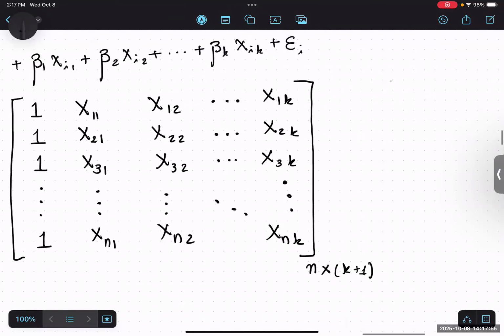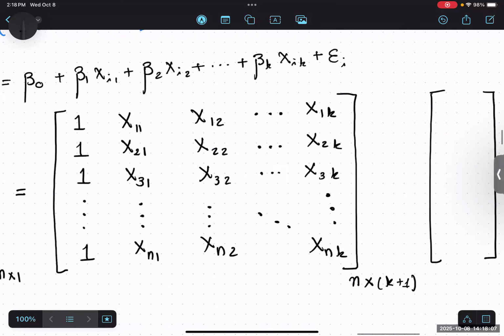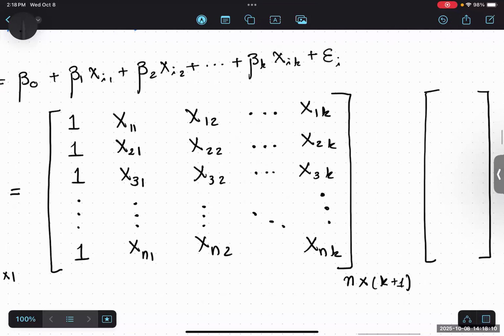And we will multiply this matrix by a vector of parameters according to the population model, right? The first parameter is precisely my intercept, beta naught.